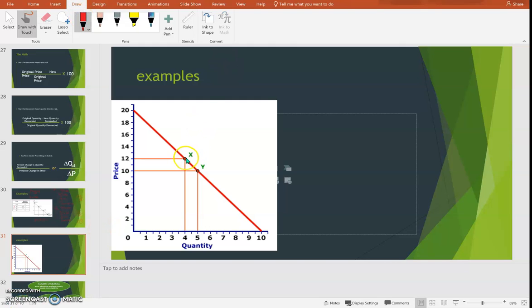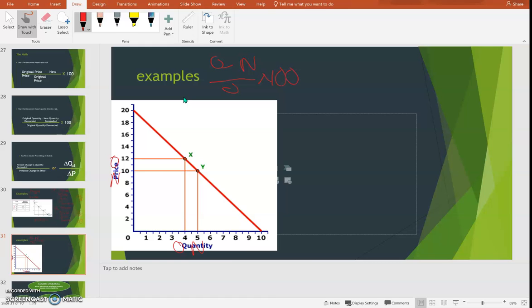Okay, so again, moving here in this example from x to y, we're looking from 12 being our original and 10 being our new, which makes our original quantity 4 and our new quantity 5. So our formula is original minus new over original times 100.